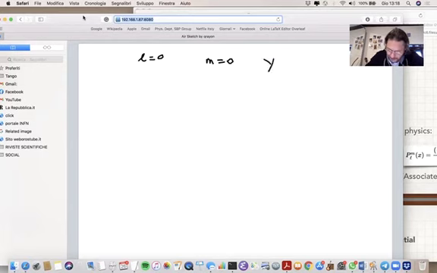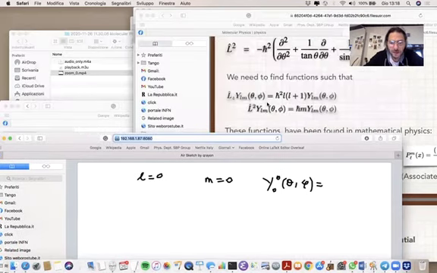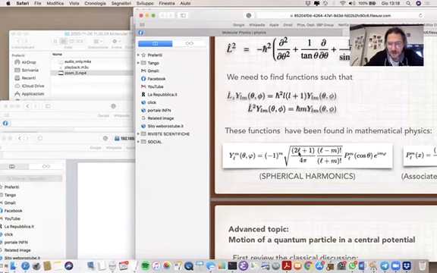So my harmonic function is this. If I go here and see what it is, I get 0 minus 0 factorial is 1, 0 plus 0 factorial is 1. So I get 1 over root of 4 pi.